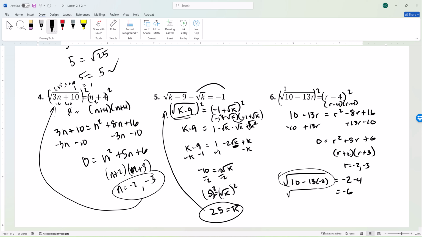So if I were to go through this, this is plus, right? 10 plus 26. The square root of 36 is not negative 6. The square root of 36 is 6. So this solution actually doesn't work. And if you notice, when you plug in the negative 3, the same thing's going to happen. So actually, in this case, there's no solution.